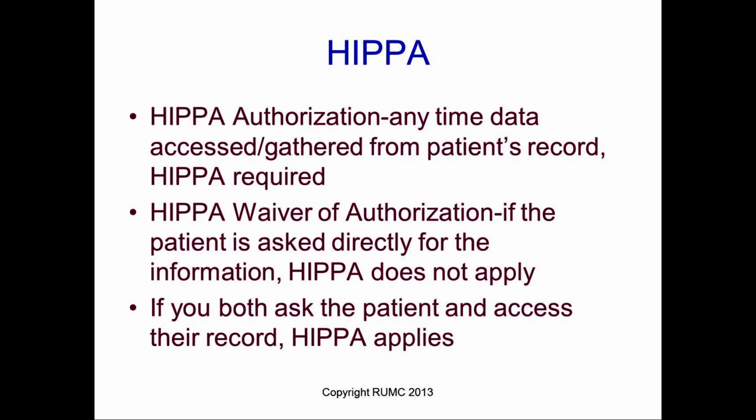In some instances, you can ask for a waiver of authorization, and there may be a case where HIPAA does not apply. An example of that is if you are directly asking the patient for some information, the patient can either decide to give it to you or not.